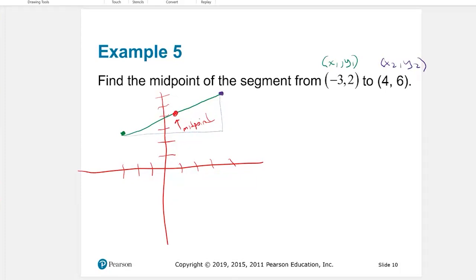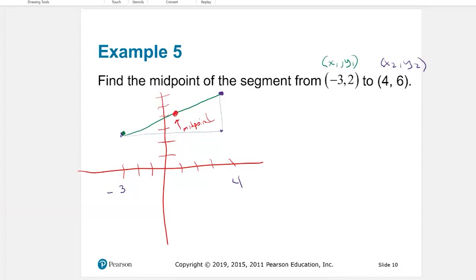Okay, so again, I have this point and this point. This is -3 and this is 4. And if I want to find the distance between those two, I can subtract them. So I know the difference between those 2 points is 7.